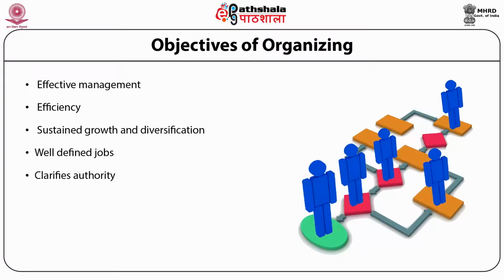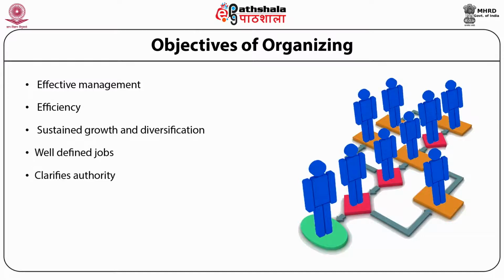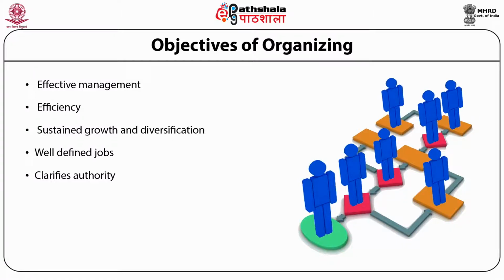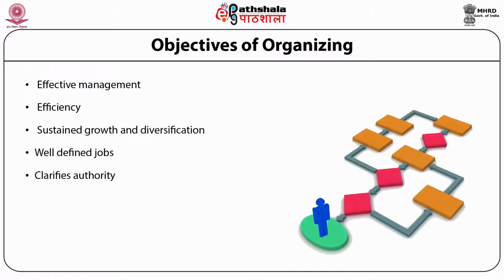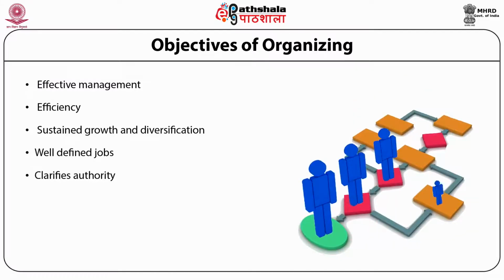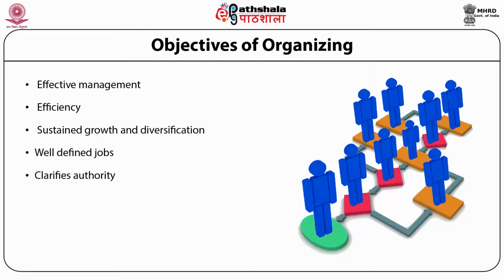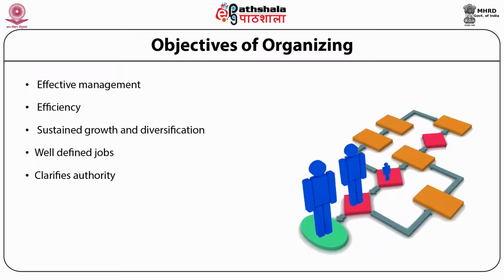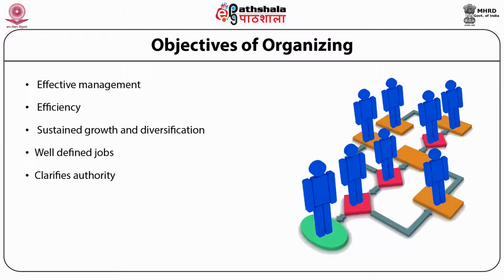Organizational structure helps in clarifying the role positions to every manager and also the authority attached to his position so that he could perform his role effectively. The authority is delegated, keeping in view the responsibility so that a balance between authority and responsibility is maintained. Well-defined jobs and responsibilities help in bringing efficiency and thus increase productivity.